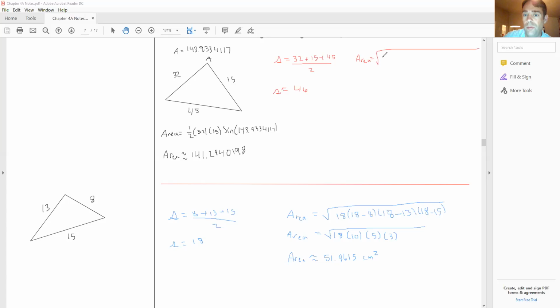So it's going to be the square root of 46, and then each side subtracted from 46. So 46 minus 45, 46 minus 32, and 46 minus 15.